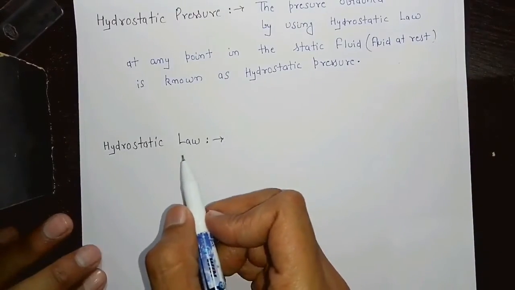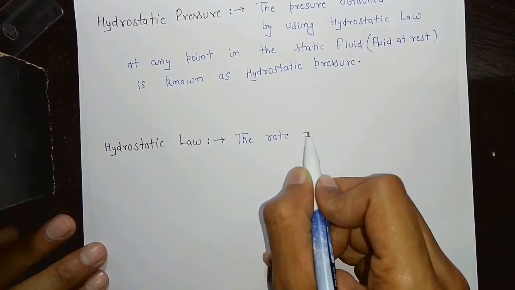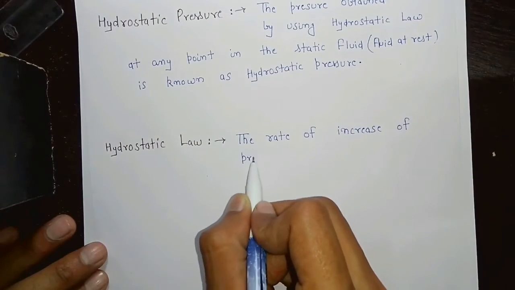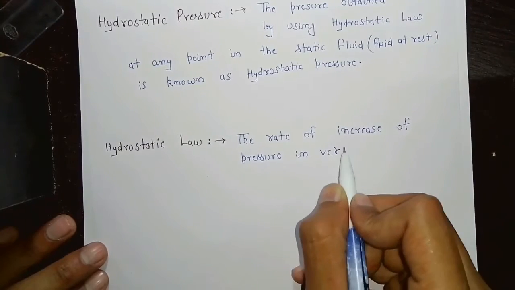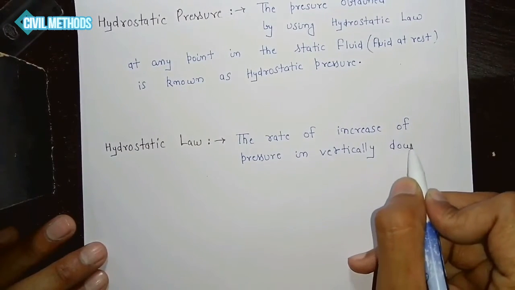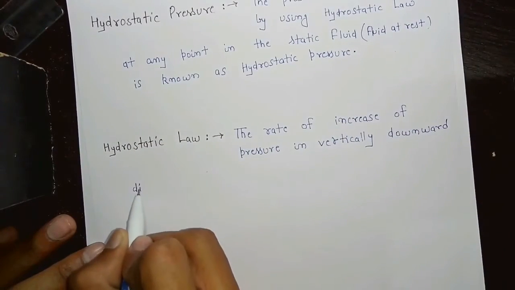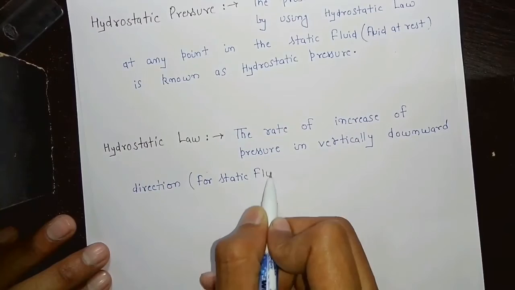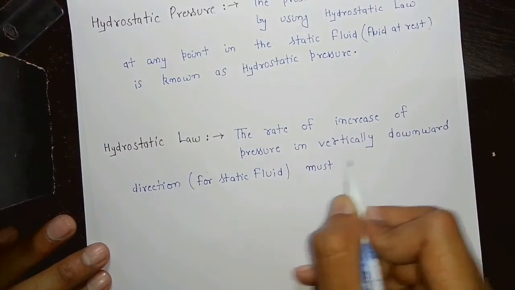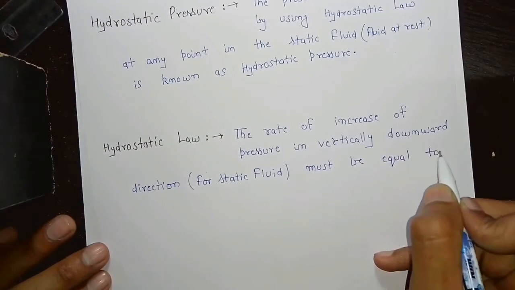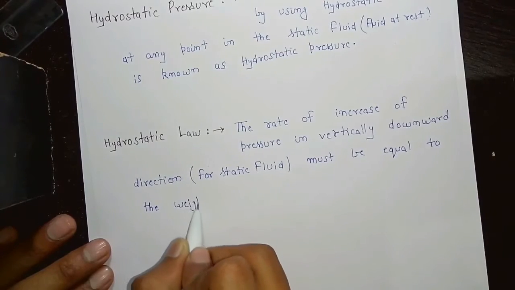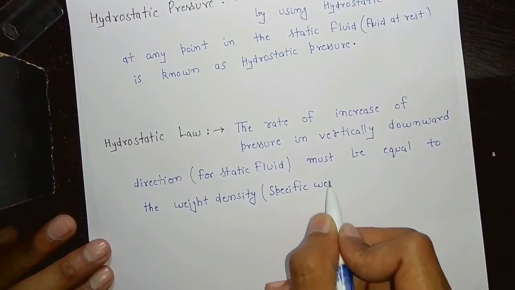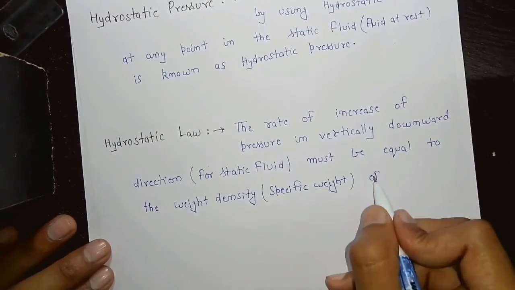According to the hydrostatic law, the rate of increase of pressure in vertically downward direction for static fluids must be equal to the weight density, or we can say specific weight, of the fluid at that point.